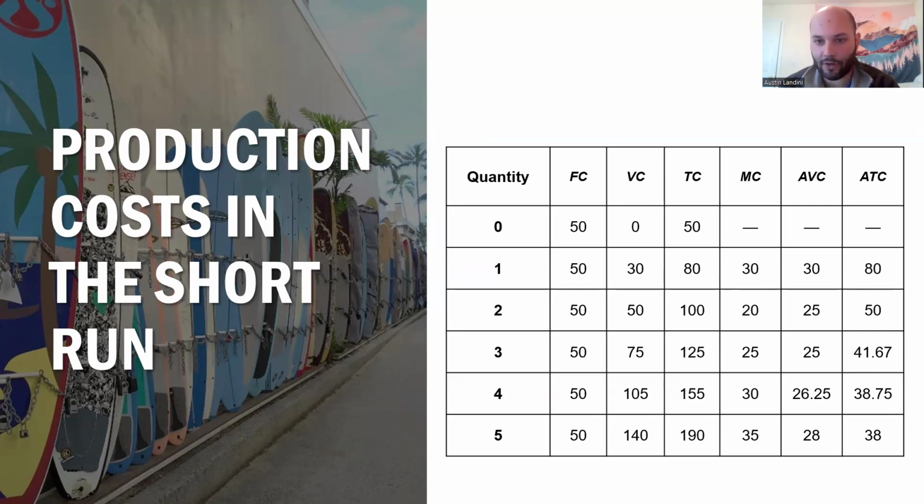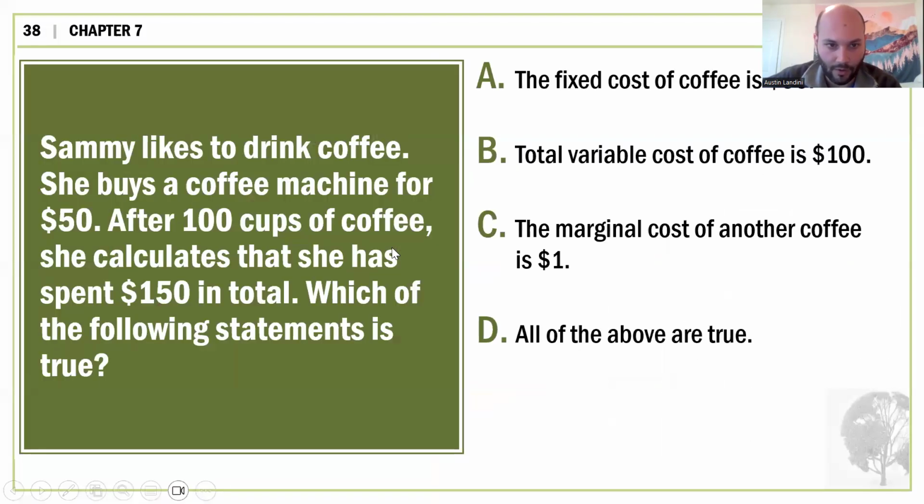So again, make sure you're understanding what those definitions mean and then how you can calculate them based on some information that you've been given. If you're having a hard time with this, again, reach back out. I'm happy to talk a little bit more about it. And I think I have an example or two of a word problem that you could see.